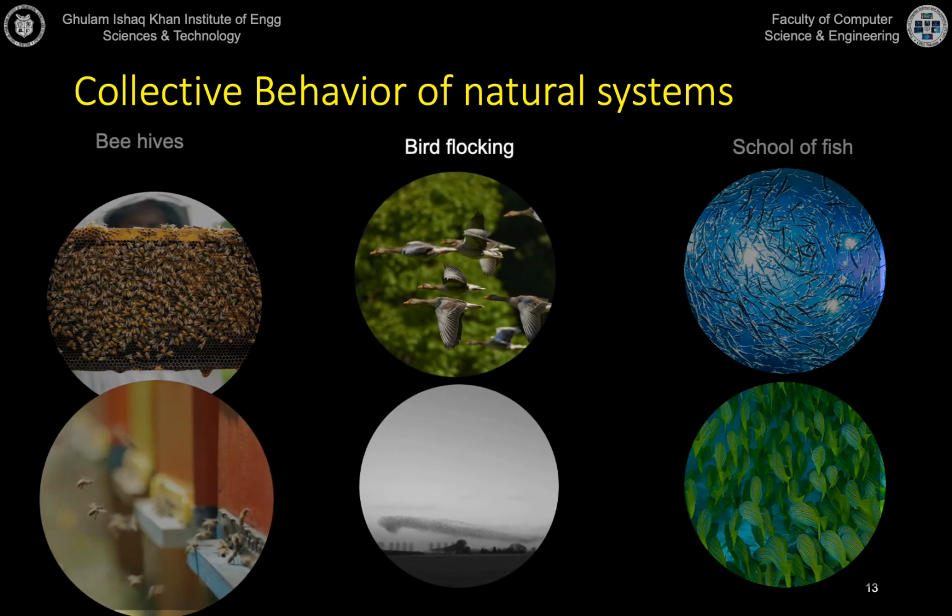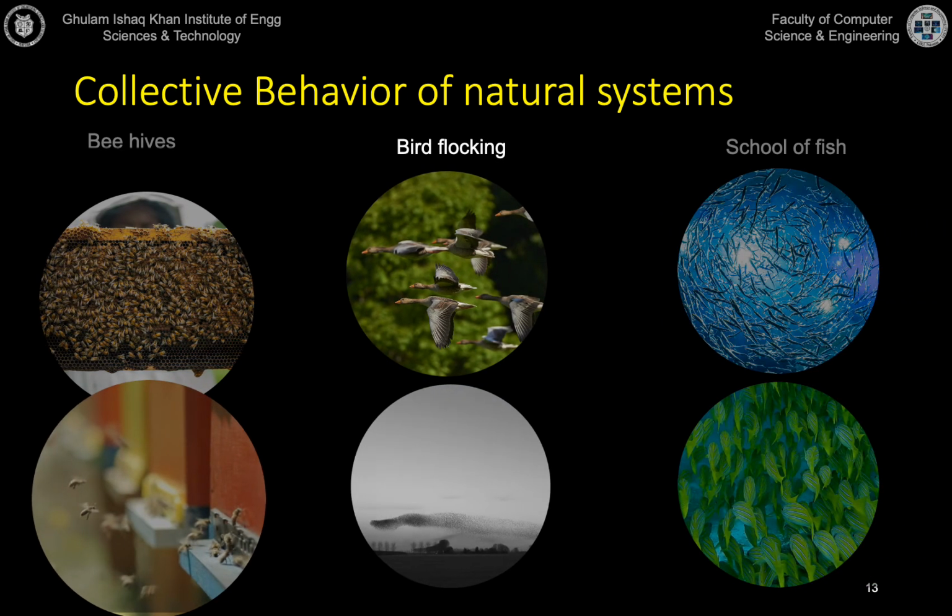So, how many times have you seen a flock of birds flying high up in the sky, and you see that they look so coordinated? When one turns, everyone else also turns, and when one dives, everyone else also dives. The flock seems to be very coordinated, and one is bound to think that they have practiced a lot.